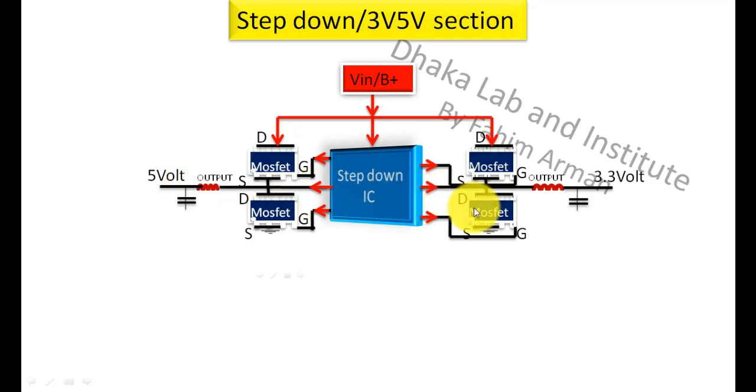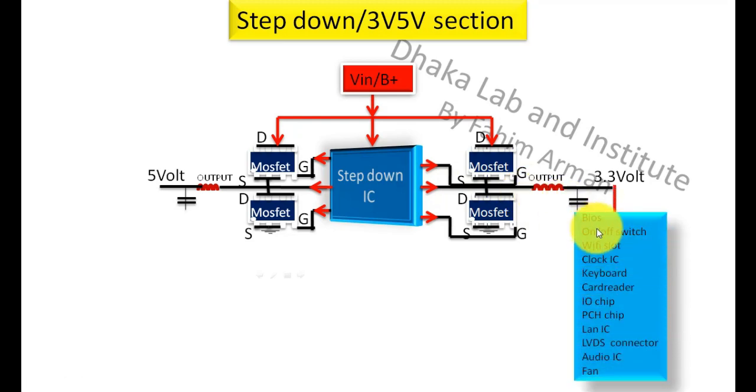And here we will see how and where this 3.3 volt or 5 volt will go, what their activities are, and why this voltage is required for the laptop motherboard. First we will see the 3.3 volt. It will enter into the BIOS, and 3.3 volt is required for these sections.